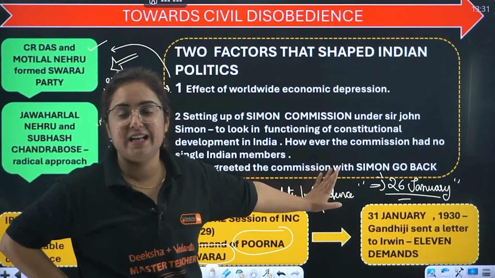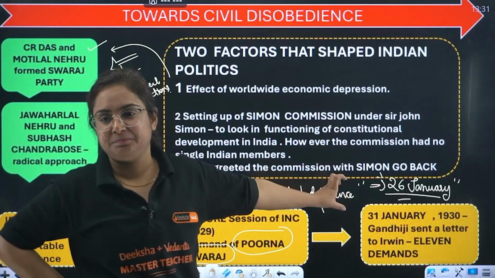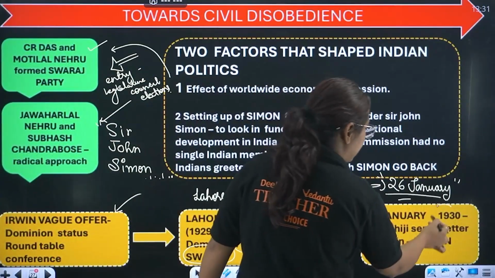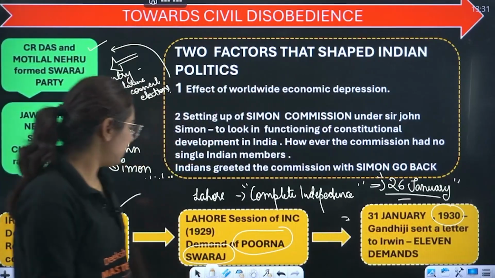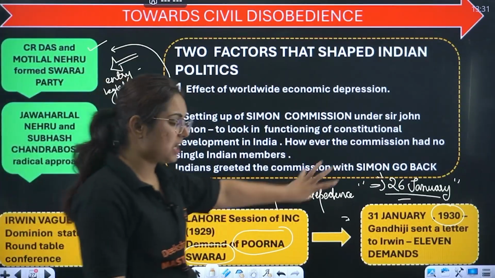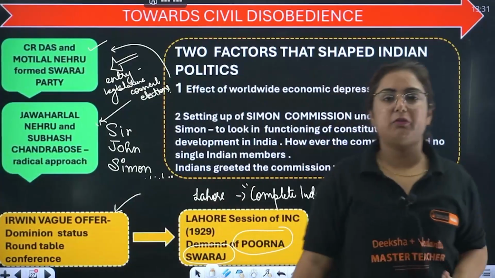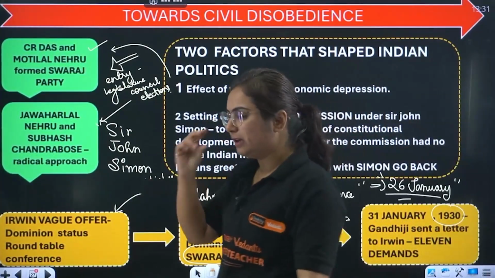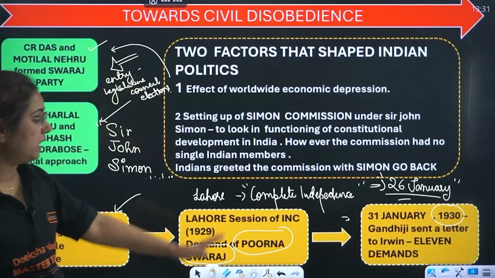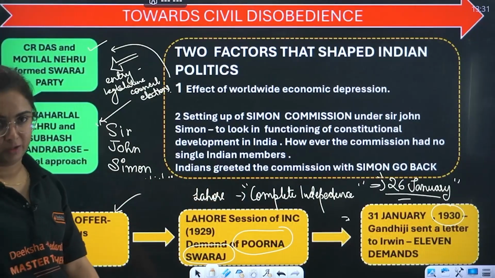To keep this date relevant in history. So, beta, on 31st January 1930, pay attention: Lahore session, Indian National Congress, Purna Swaraj was demanded. Talks within the National Congress were going on that we are going to start the movement. And it was on 31st of January, 1930.